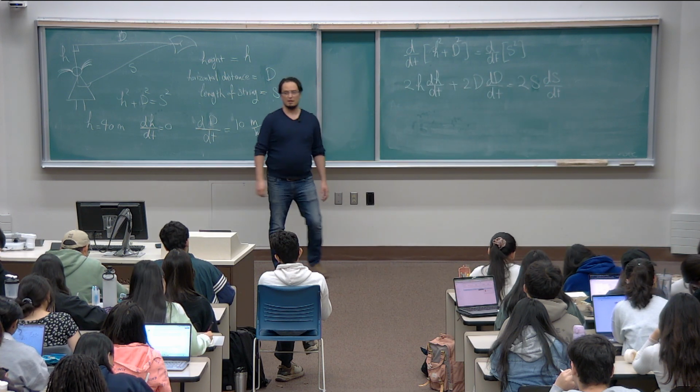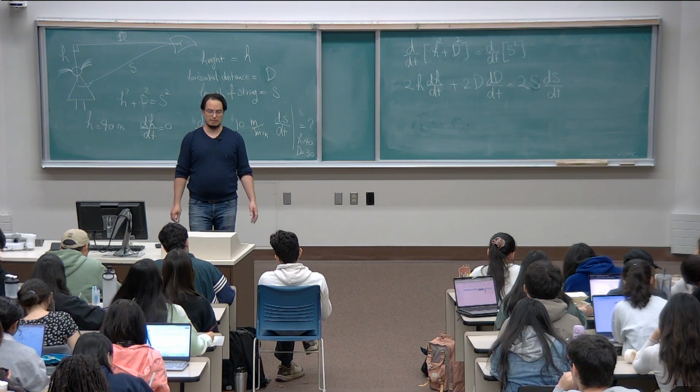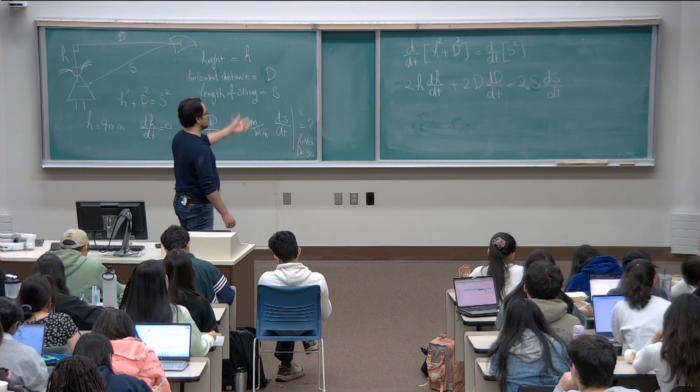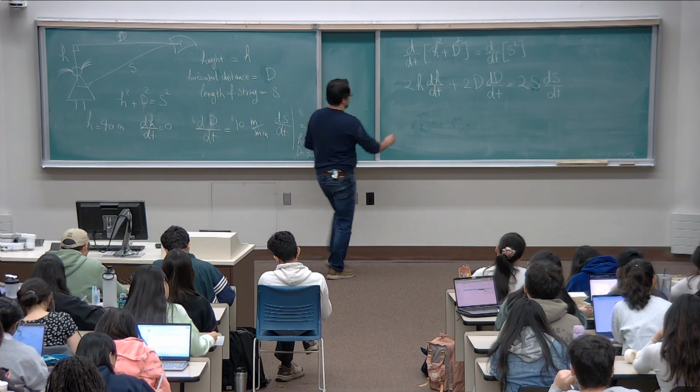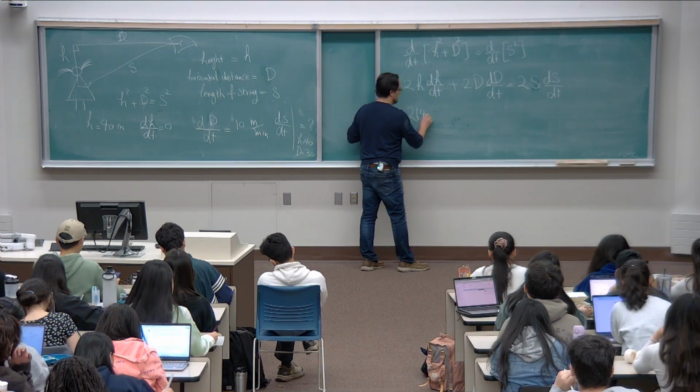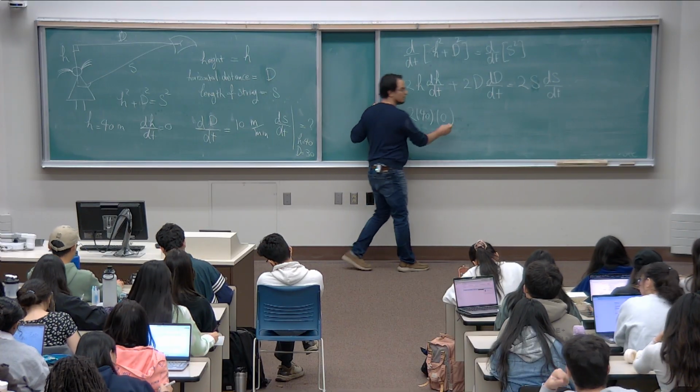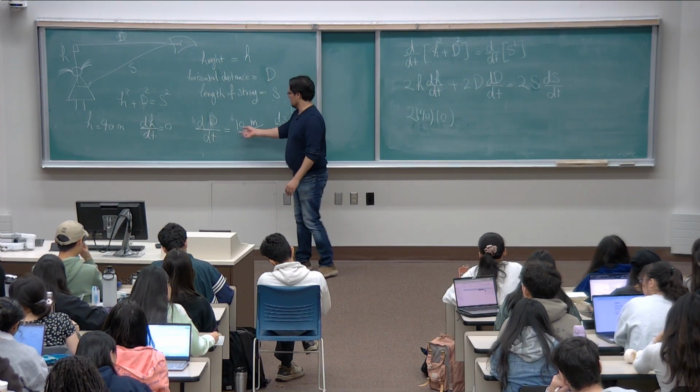Okay? That's the relationship between those different quantities. Now I have to plug in the values. This is 2 times 40 times 0. This is 0. Yes?